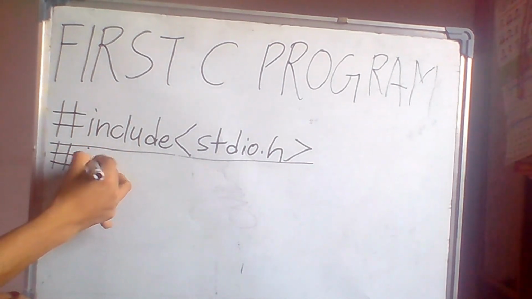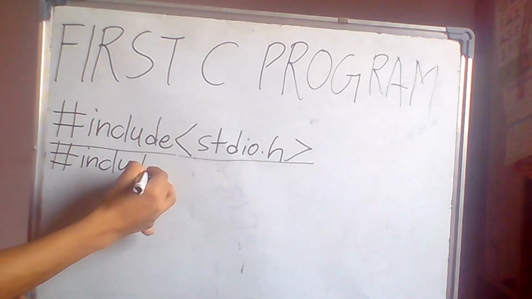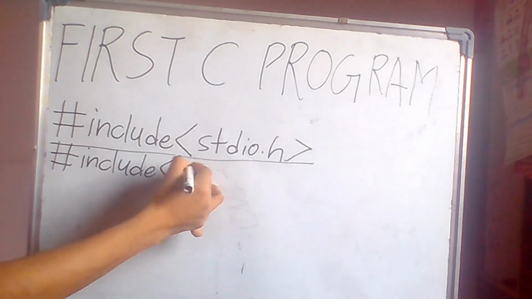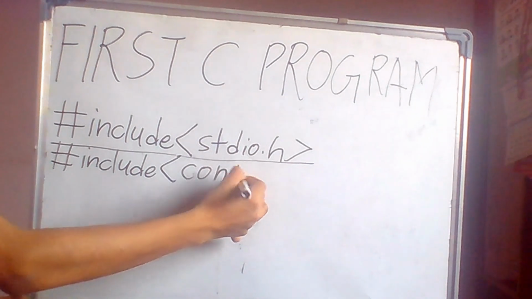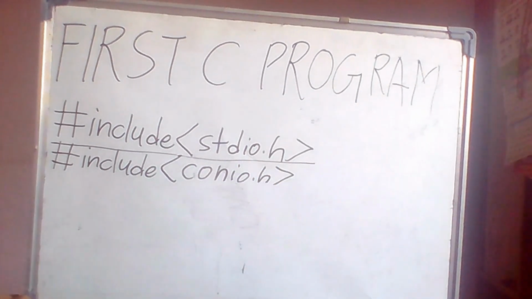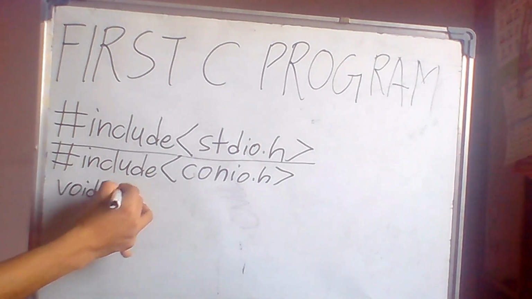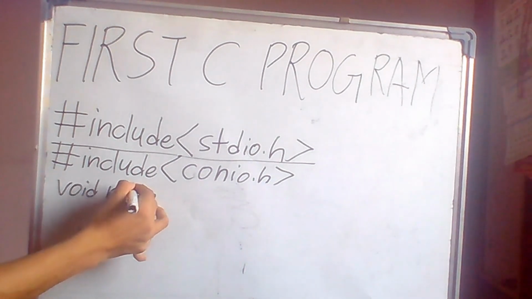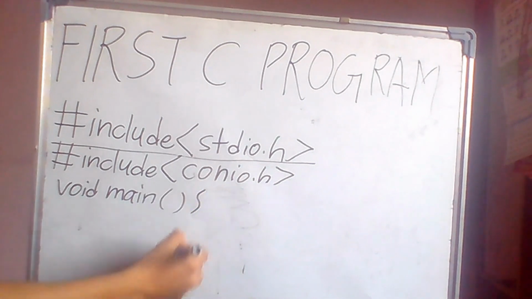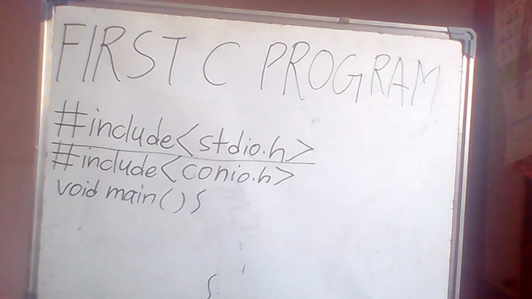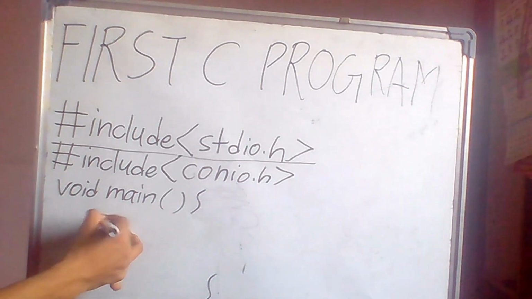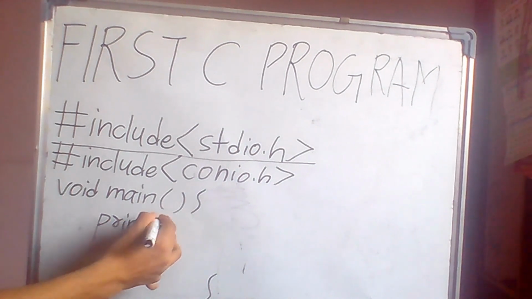So it is simply a line of code that is going to fetch standard things to be included in the C program from the C library that I had already shown just now. Now hash include conio.h. So I'm going to use void main. As it is a function, it is going to always return a value.